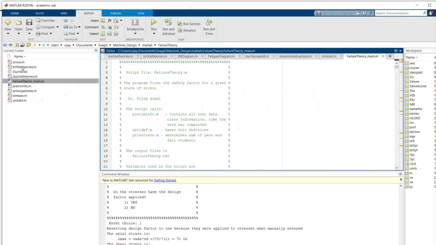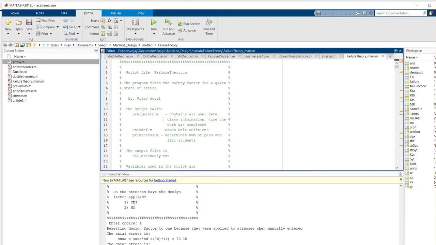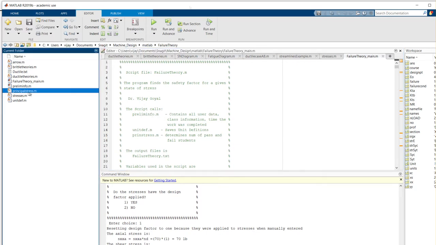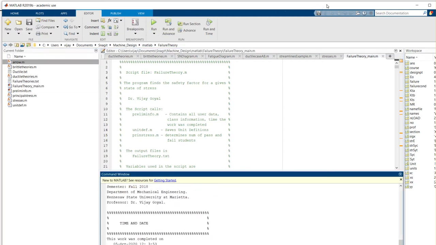The brittle folder has all the theories related to brittle materials. This is ductile materials. This is preliminary information. This is to plot the arrows in your failure diagrams. These functions calculate the principal stresses. This calculates actual component stresses, and these are your units. So this is the main file you're going to run. Let's run this file and see what happens. So I'm going to run it.